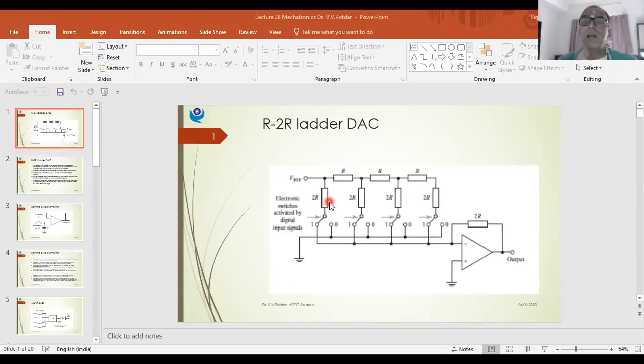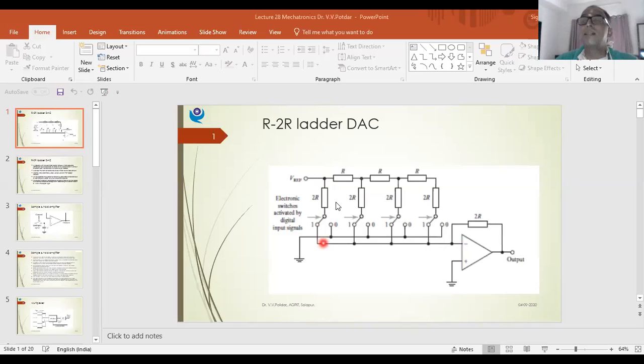Now if my binary digit is 1 0 0 0, a 4-bit word, what is there? There is one electronically operated switch. Just see here. If the number is 1, this switch will bring this branch of the reference voltage into action, so that much voltage will be supplied to my inverting terminal.